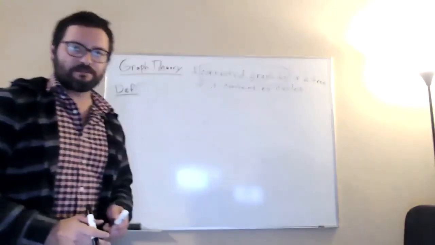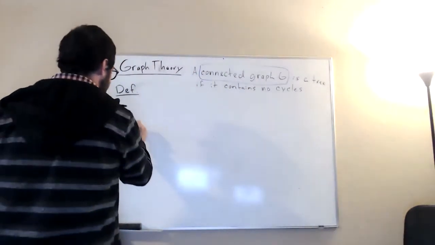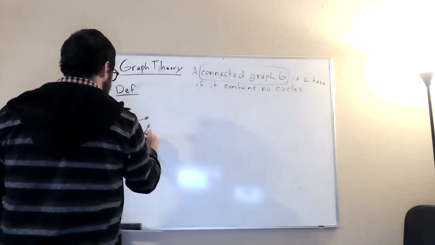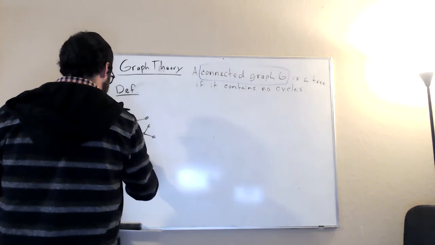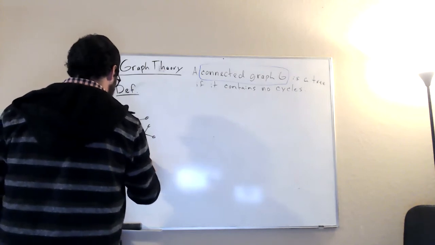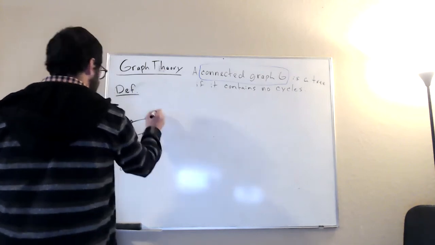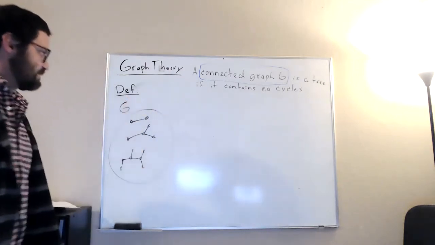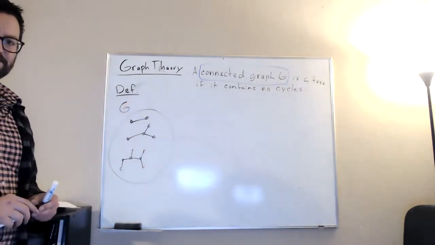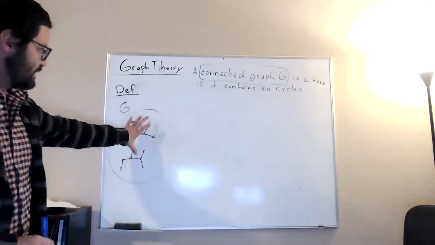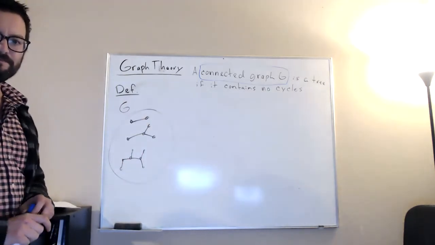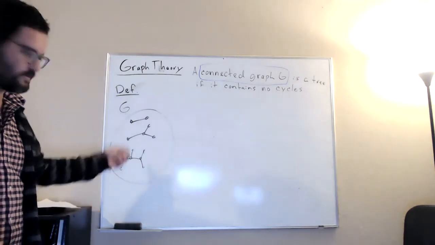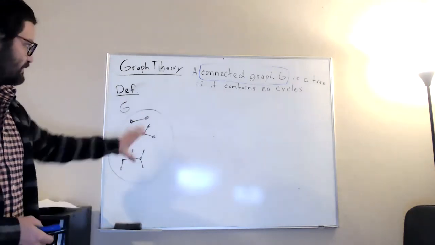Can you guess what this is called? Like if this is your graph, what type of graph do you think that's called? All of that together is one graph. Does it contain any cycles? No, there's no cycles anywhere.